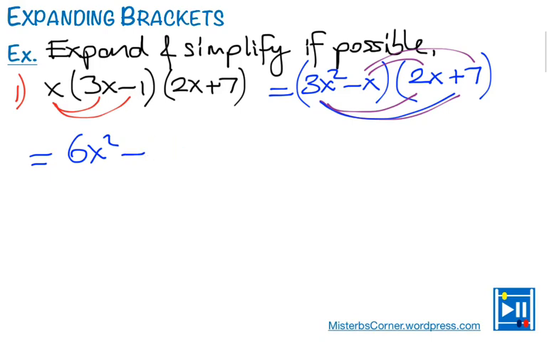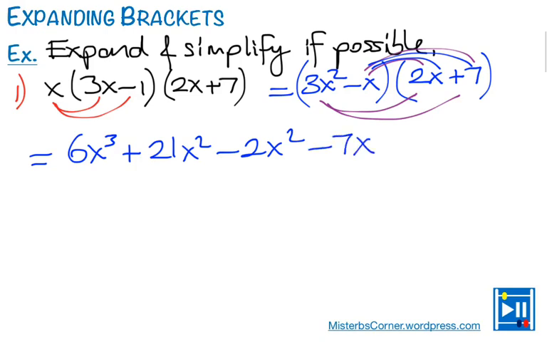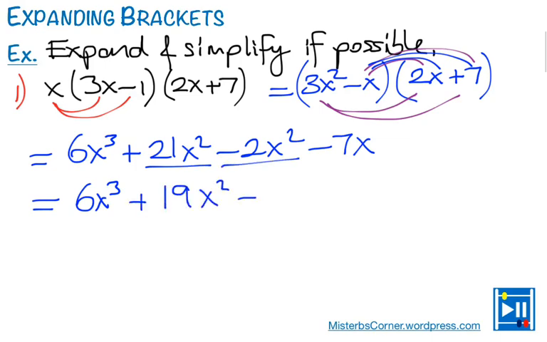Excuse me, I made a mistake earlier. That's going to be 6x cubed plus 21x squared. And I now go with minus x. Minus x times 2x is minus 2x squared. And minus x times 7 is minus 7x. Now, there's some simplification here. I could write 6x cubed, a copy-paste, and I can simplify these saying plus 19x squared minus 7x. So this is the product.